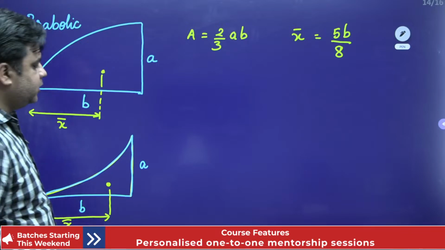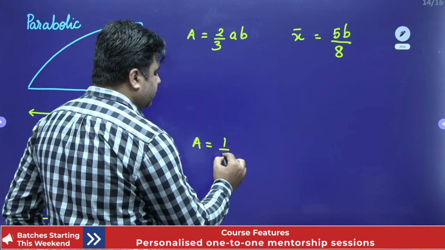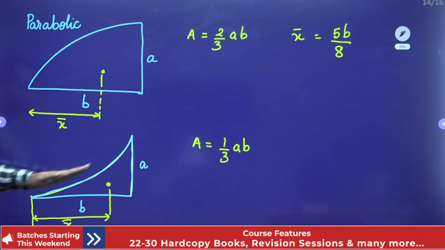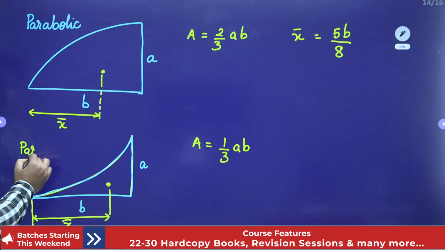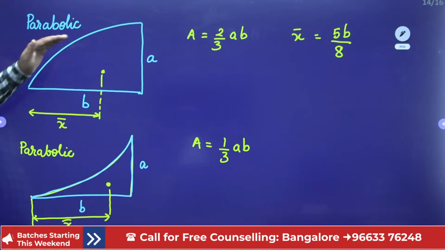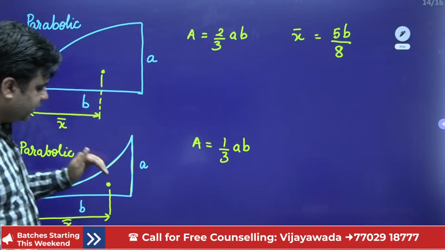Area is 1/3 of A into B. This is also a parabolic spandrel, but one is convex and one is concave, right? This is bulging outward, that is bulging inward.